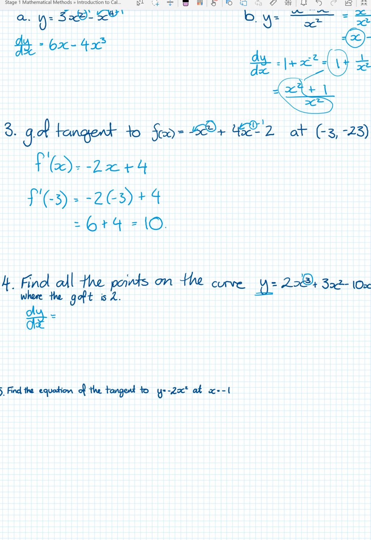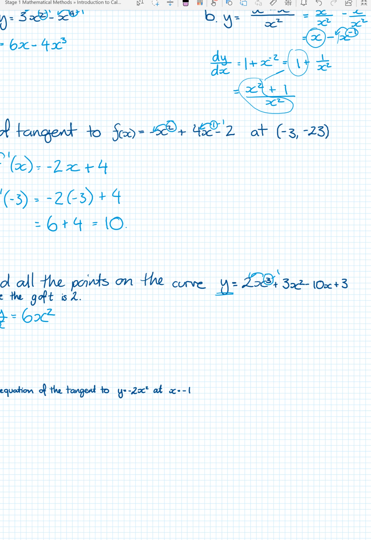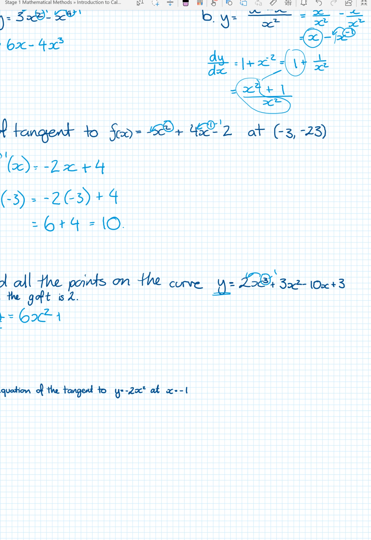Now I'm going to multiply the coefficient by the power. 2 times 3 gives us 6x, 3 take 1 gives us squared. For the next term, 2 times 3 again gives us 6x, 2 minus 1 leaves us with x to the power of 1, which we can just write as x.